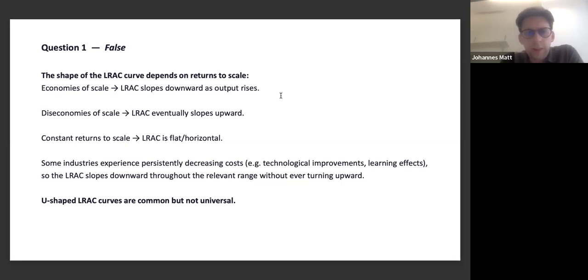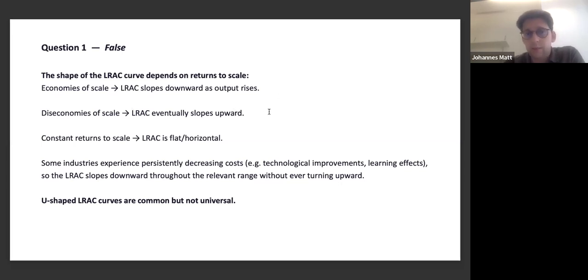In particular, if you have economies of scale, so increasing returns to scale, that means as you produce more, the cost of producing an additional unit falls with production. So in that case, the long run cost curve is going to be downward sloping in the output space.